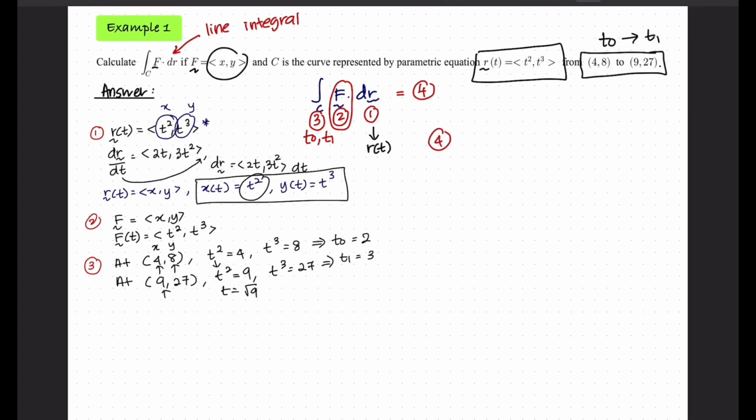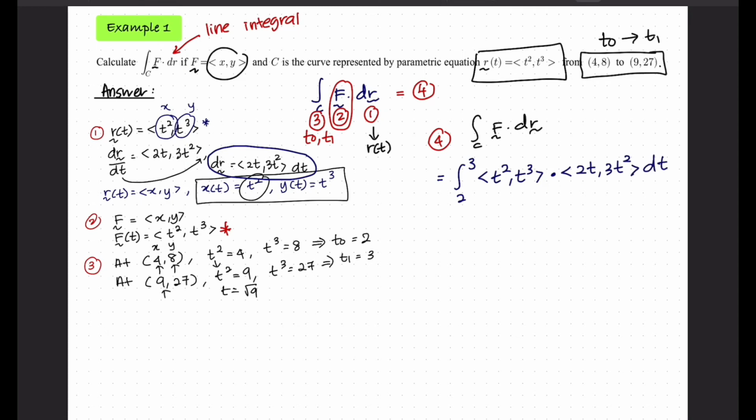And step number 4, calculate the integration. So the integral of F dot dr is from 2 to 3. F here is F(t), dot product with dr. dr is here: (2t, 3t square) dt. Basically, we change this formula to t, and then solve the dot product first.